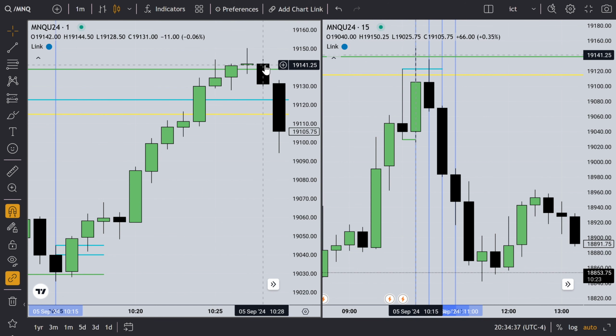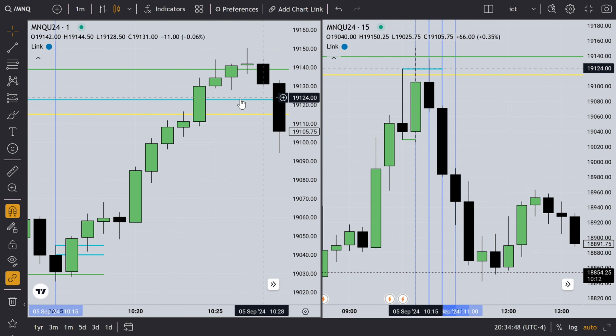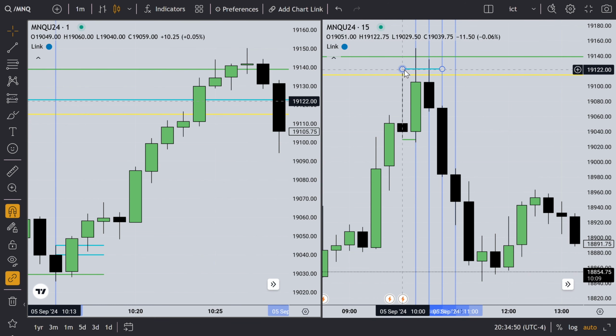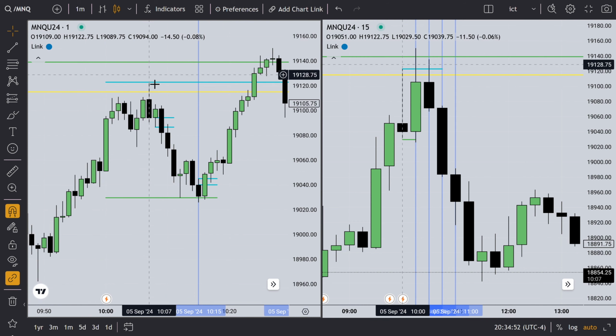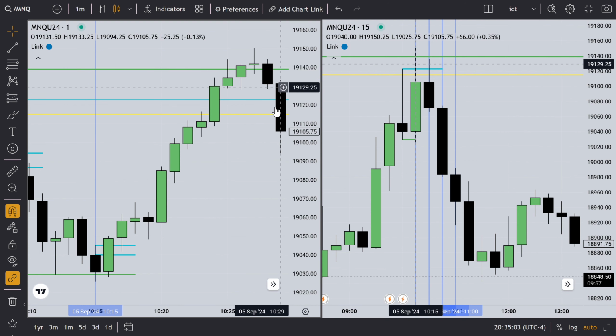We also have this candle close below this daily PD array. Daily PD array, daily PD array. 15-minute PD array. This old high here. This candle closes below this one. This candle closes below both of these. So that activates everything inside of here.